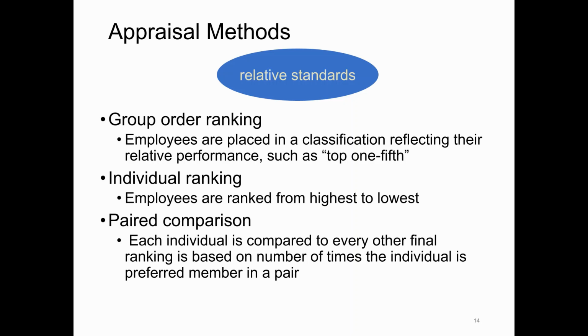So the ranking would be B, A, and C. The individual ranking works relative to the group. Relative to those employees, employee B is the best employee because they have produced 38 of those pieces.